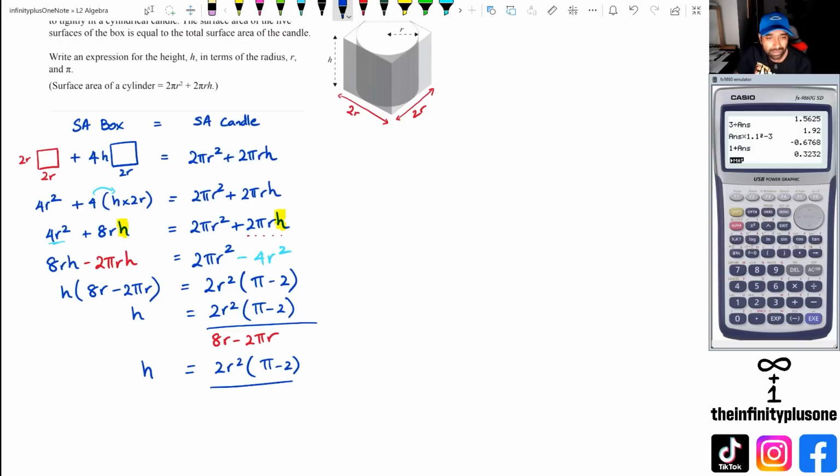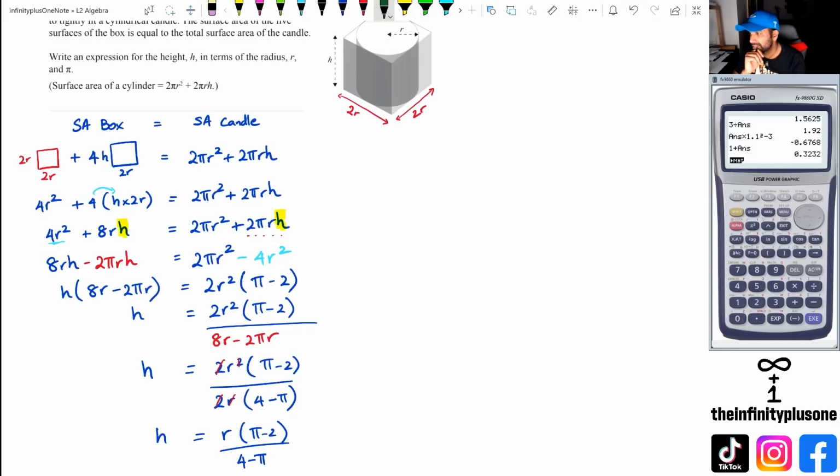And when I've factorized the denominator, 2r is a common factor, which means I'm going to get 4 minus pi. And then, of course, I can cancel out the 2's, cancel out the r, and I'm going to get just r1. So h is equal to r times pi minus 2 divided by 4 minus pi.